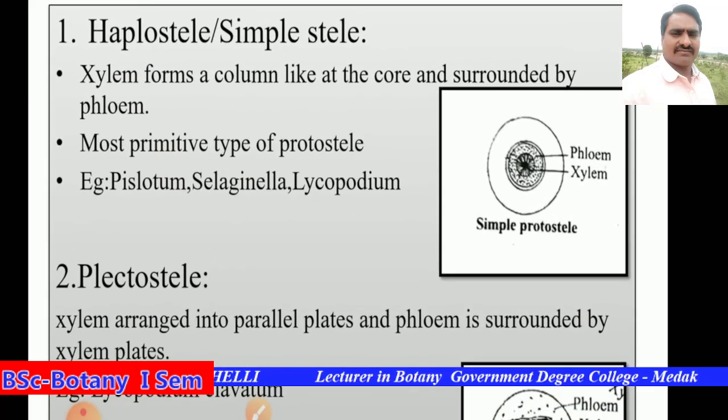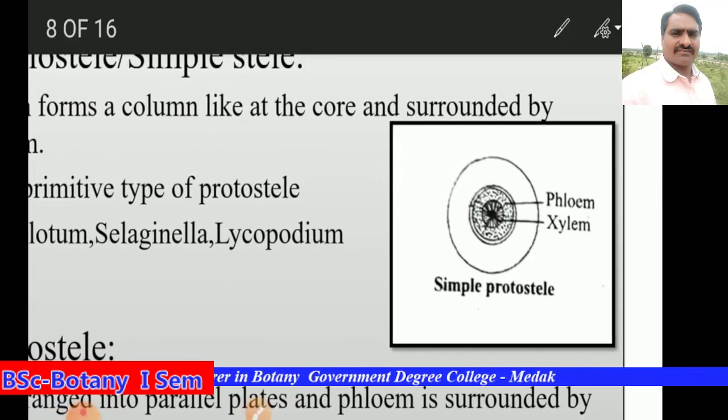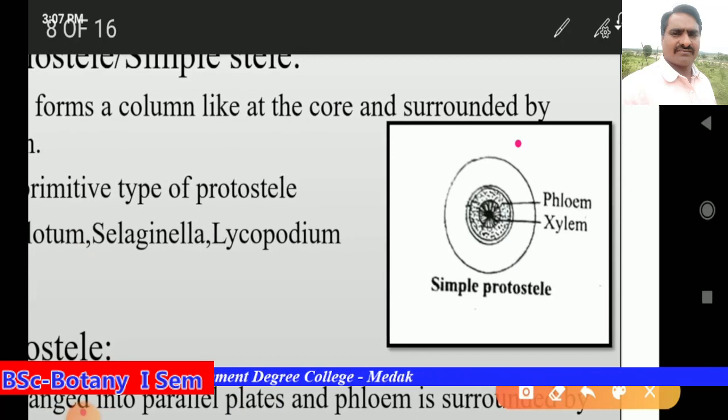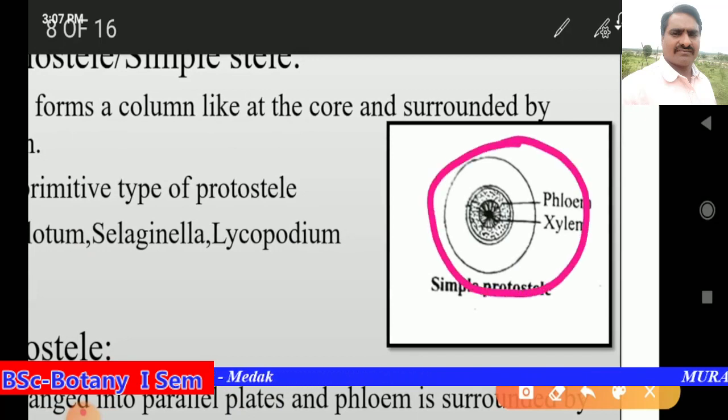So in this type of vascular cylinder we can observe this is the simple type of stele, the simple protostele. Here, the medulla or pith is absent.